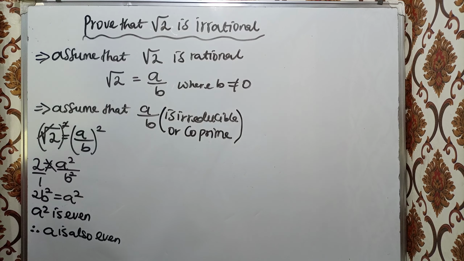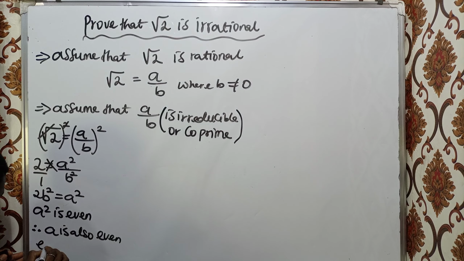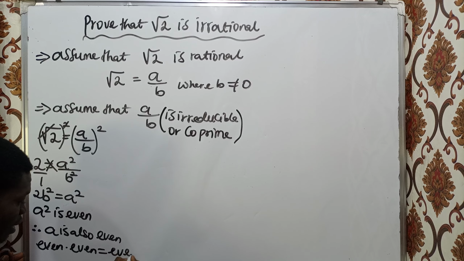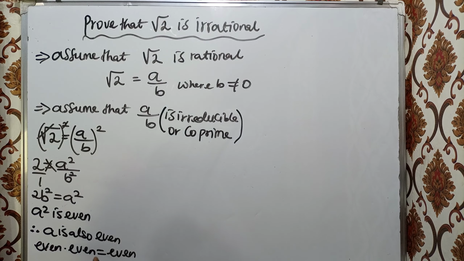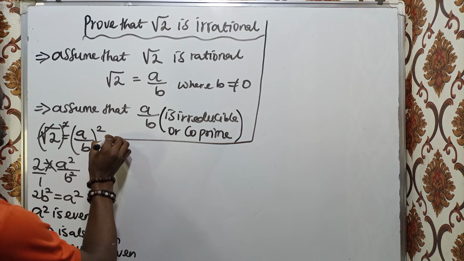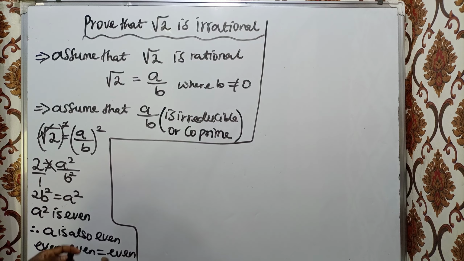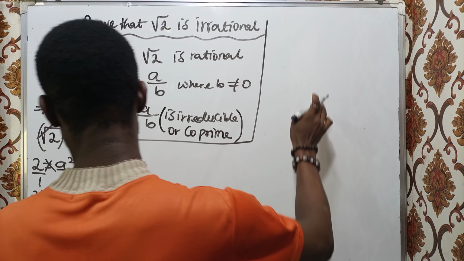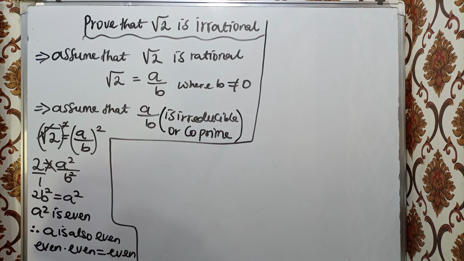Because even times even will give us even. Let's continue. If you have something like 2 times 2, that is 4, so even times even will give us even.